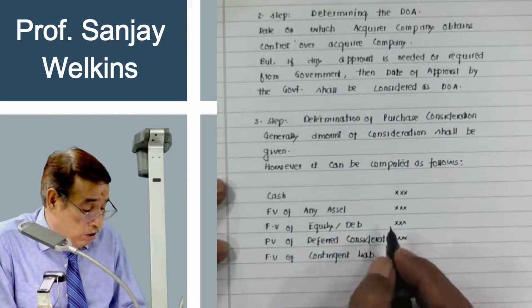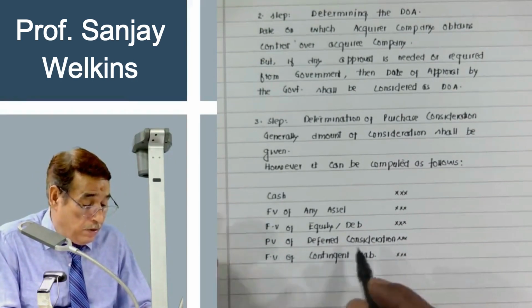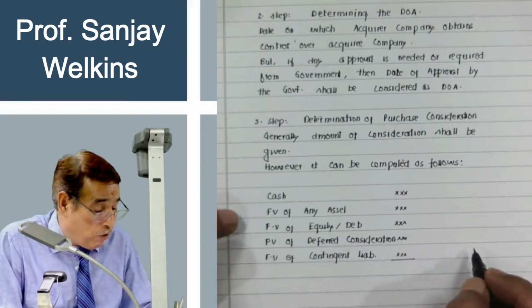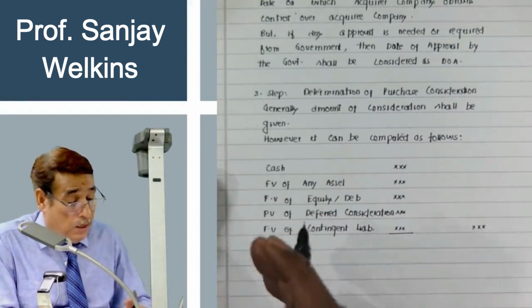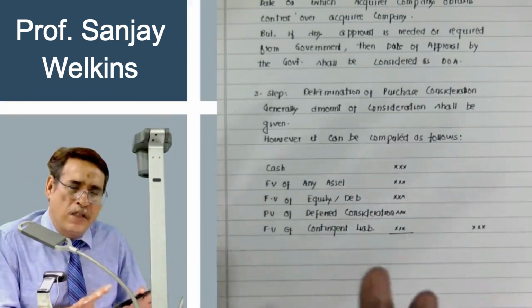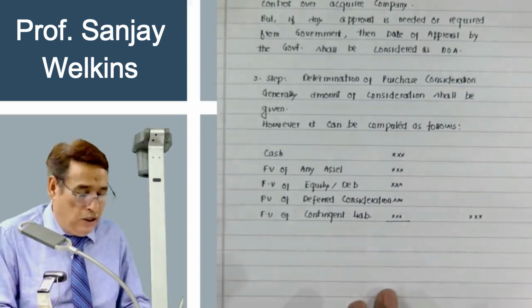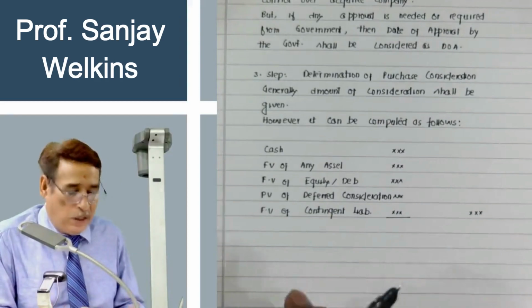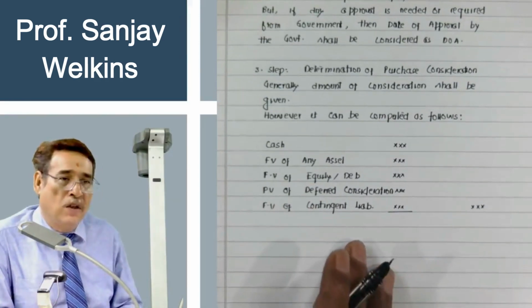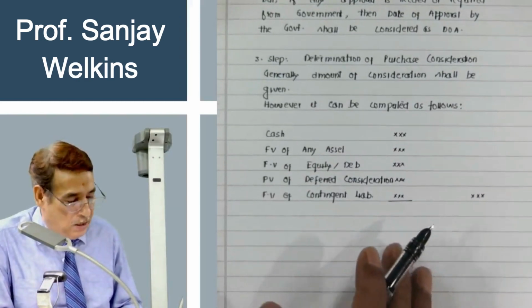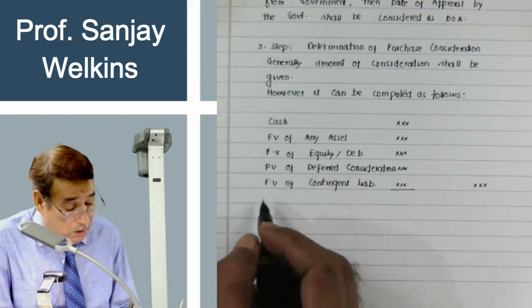We will explain all these points because we have kept separate sections for deferred consideration, contingent liability, etc. So you need not bother about that. The third point is computation of purchase consideration, and in the longer question it will always be given, honestly speaking. In conceptual, smaller questions, they may ask you to compute the purchase consideration. So it is not a tough task. That we will explain when we take up this particular topic.